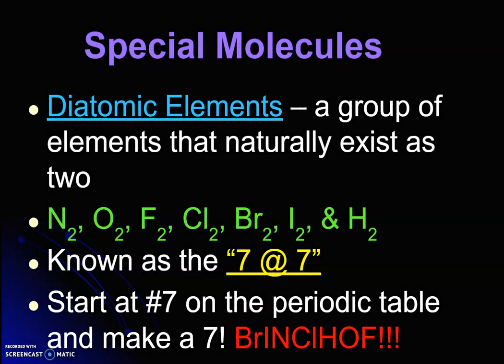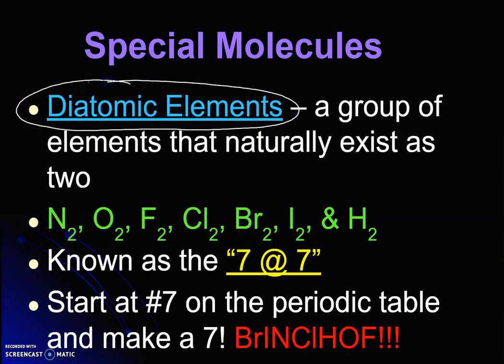Okay, there are a special set of molecules called diatomic elements, and they are a group of elements that naturally exist in pairs. All right, they are nitrogen, oxygen, fluorine, chlorine, bromine, iodine, and hydrogen.